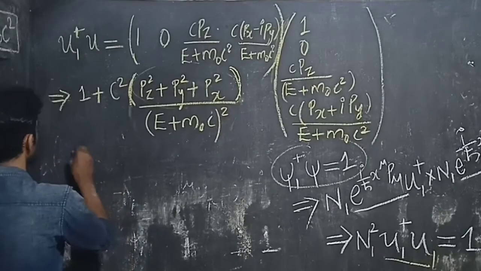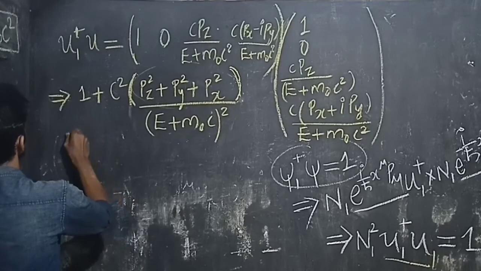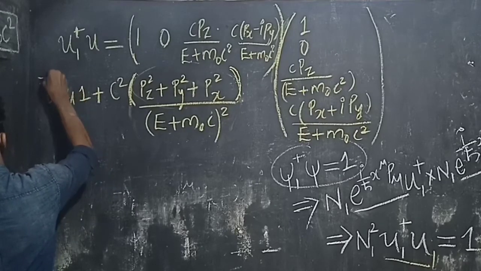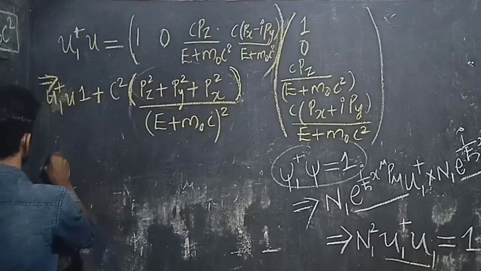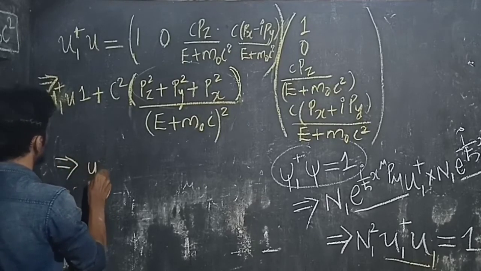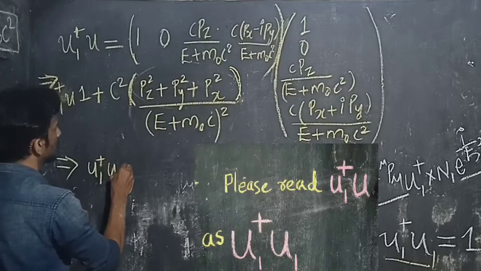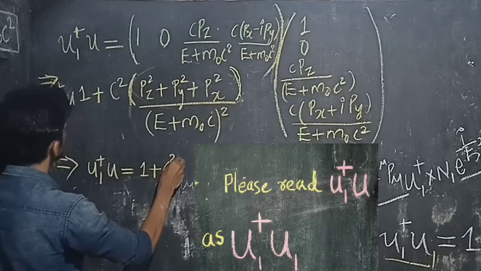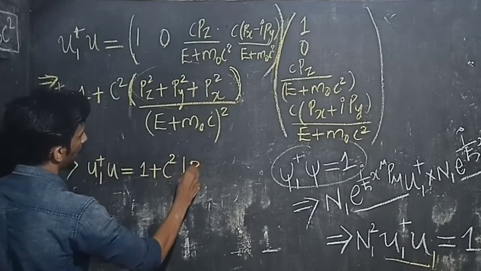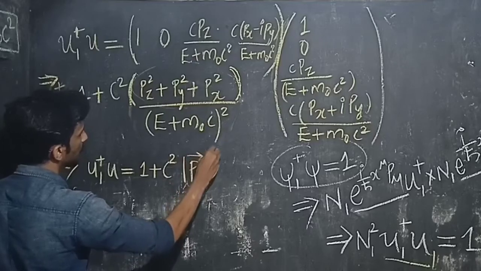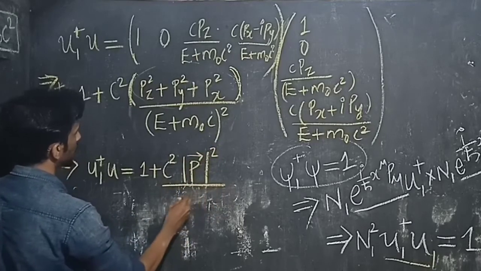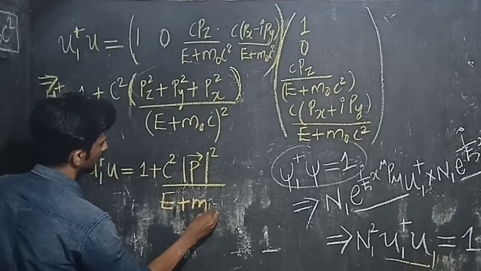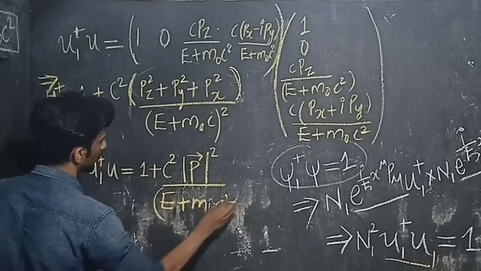So we can write u1 dagger u1 is equal to 1 plus c square magnitude of the 3 momentum square over E plus m naught c square whole square.